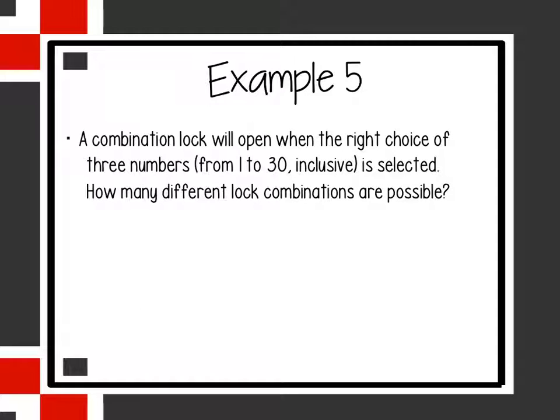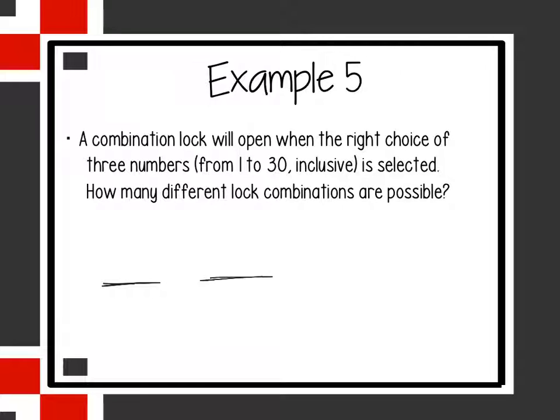Example 5 says a combination lock will open when the right choice of 3 numbers from 1 to 30 inclusive is selected. How many different lock combinations are possible? So there's a couple of vocab terms you want to pay attention to in there. What does inclusive mean? Including 1 and 30. So how many numbers are from 1 to 30 including 1 and 30? 30. Remember, if we start at 1, it is that number. Okay? So there's 3 numbers.